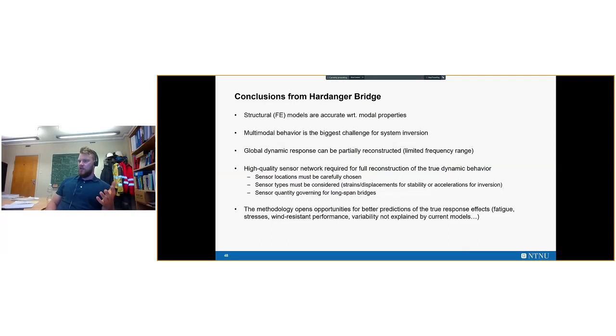So, for example, local stresses, which you can use to analyze fatigue. You can get a better understanding of the wind-resistant performance of the structure, and also some of the response that is not well explained by the current models.